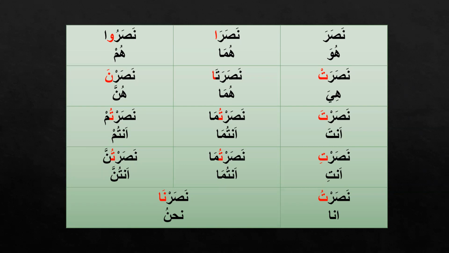But for now, just remember that in Nasara you cannot see the Damir and it is hidden, but it is giving you the full meaning: he helped. Where is "he"? You cannot see it, but the meaning is telling you that there is a Damir inside it. And what is the Damir here? Huwa is the Damir inside it.